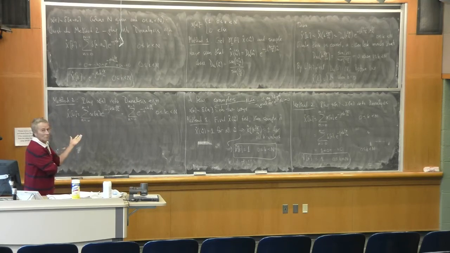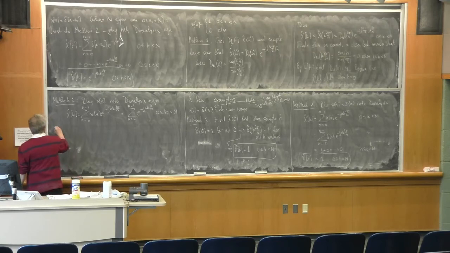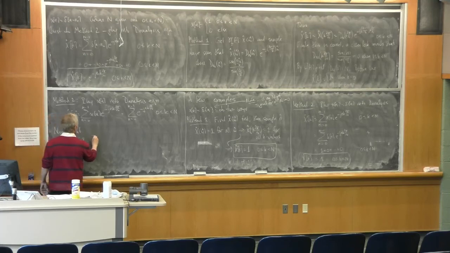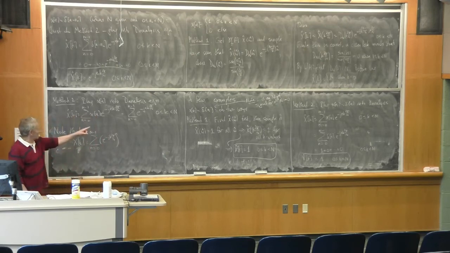What is that equal to? Well, what I'm going to do is manipulate that sum using partial geometric series. So note that x hat of k is the sum from little n equals 0 to capital N minus 1 of what? It's something to the n. It's e to the minus j k 2 pi over capital N, to the little n. Right?